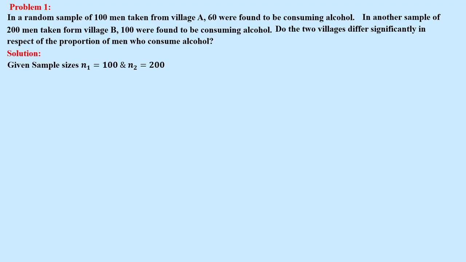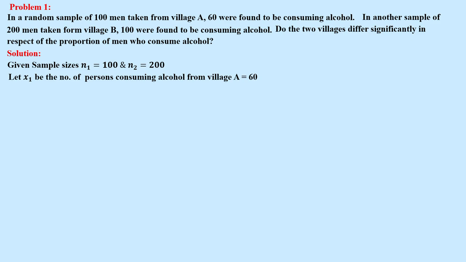Do the two villages differ significantly in respect of the proportion of men who consume alcohol? So n1 is equal to 100, n2 is equal to 200. Let x1 be the number of persons consuming alcohol in village A, that is 60.